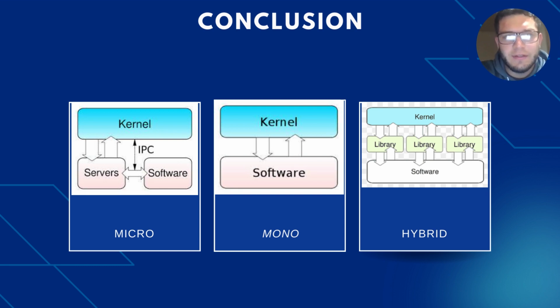Monolithic, it is solely responsible for memory and process management, communication between processes, and provides driver and hardware support functions. Hybrid. Typically, it is a microkernel that has some non-essential code in kernel space, so that it runs faster than it would if it were in user space.